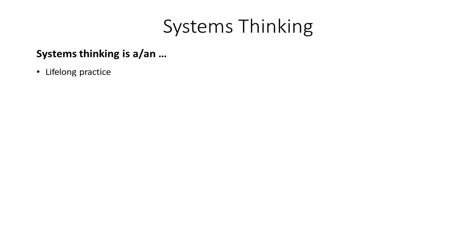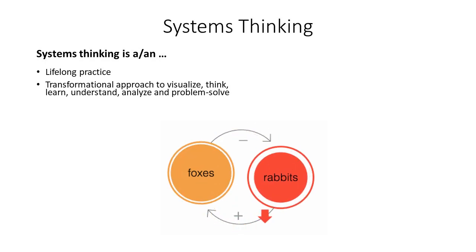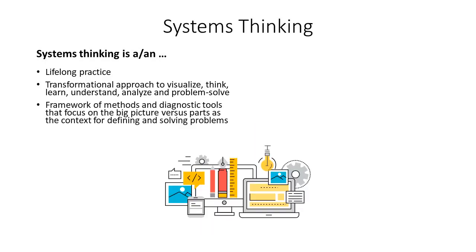Systems thinking is a lifelong practice, a transformational approach to visualize, think, learn, understand, analyze, and problem solve. It is a framework of methods and diagnostic tools that focus on the big picture versus individual parts as the context for defining and solving problems.